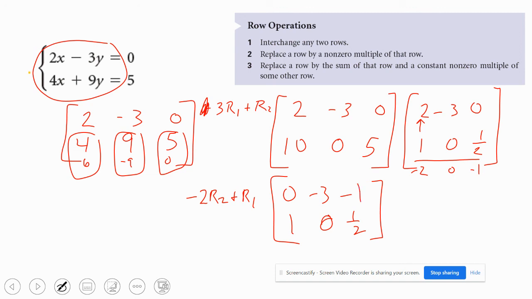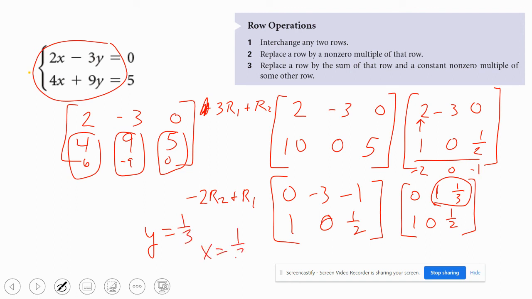Divide everything in that row by -3. And I get 1, 1/3. I already had this one solved, so I don't need to do anything. So my solutions would be y equals 1/3, x equals 1/2. So that's how you solve with the matrix.